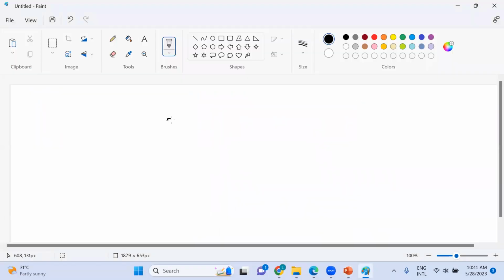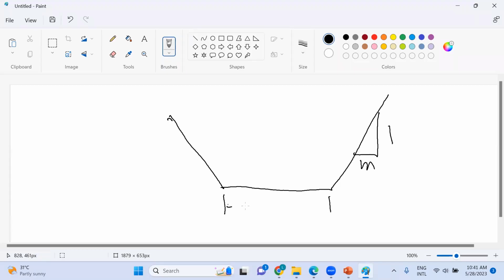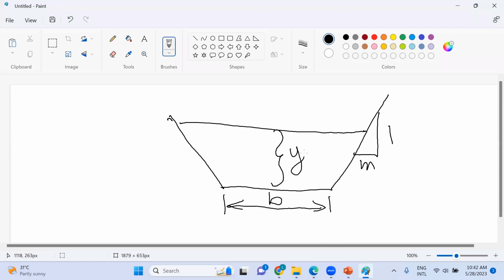Suppose that we have this kind of a trapezoidal section. Now the slope here is m to 1. And this width here is b. Suppose that we have the water height, this is y.